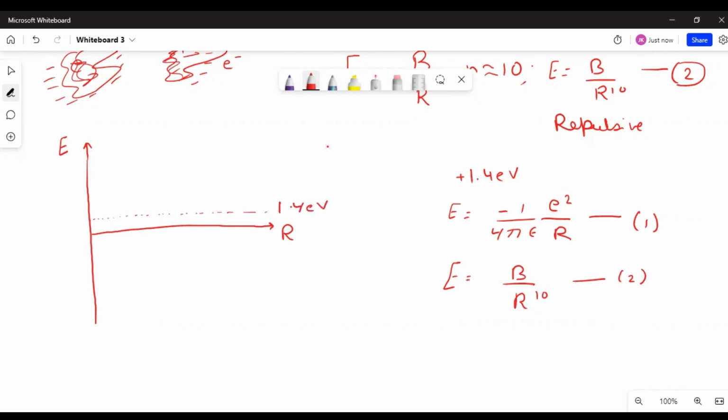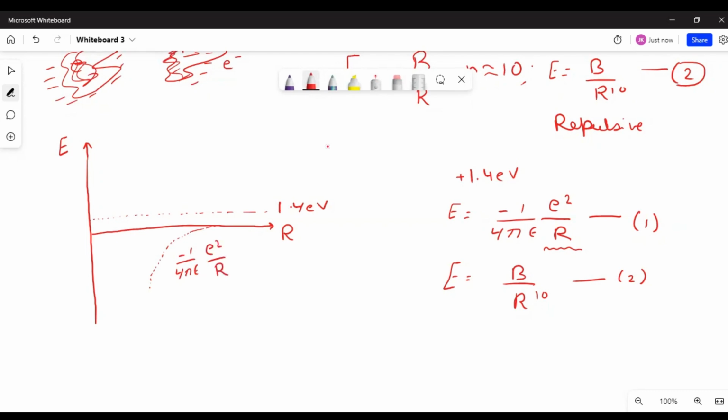Now this attractive term varies as 1 upon R. If R is increasing, E will decrease, and when R is infinite, it will be 0. So if we plot this, it will look something like this. It will be minus 1 upon 4 pi epsilon e square upon R. So this is the first term.